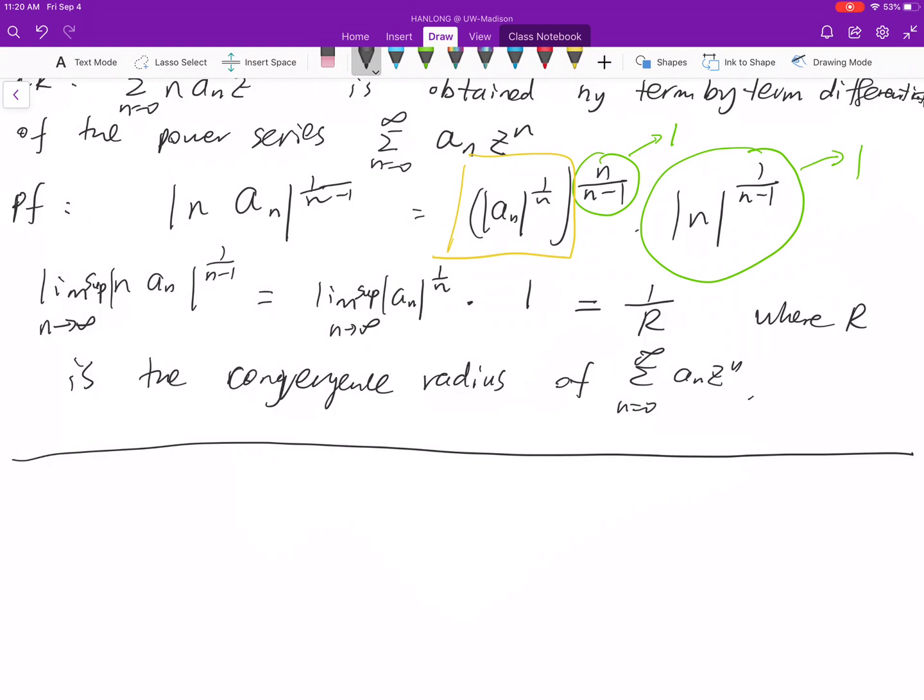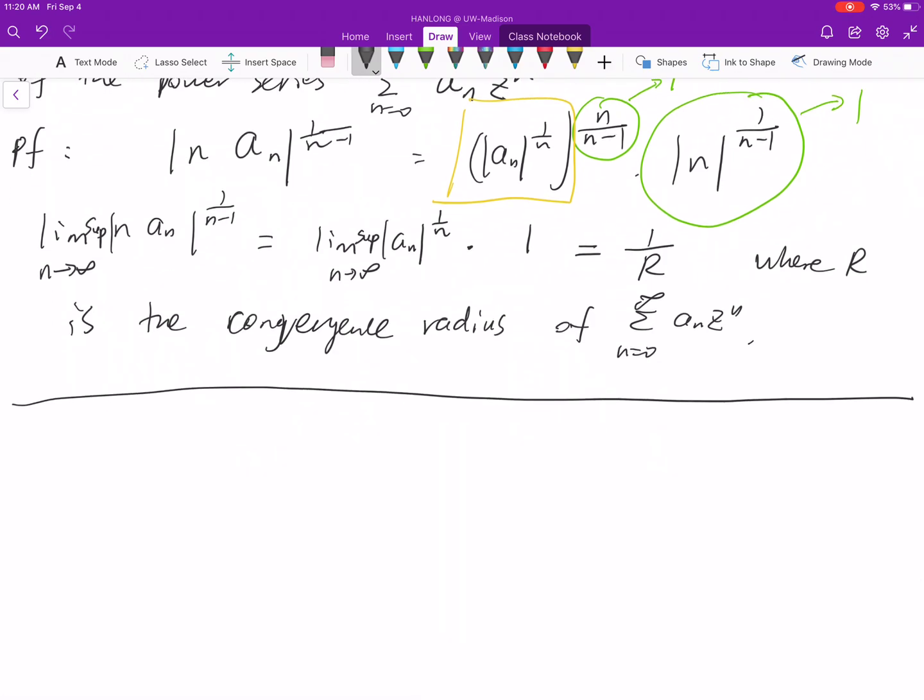Therefore, by the theorem we studied before in Math 521, we can freely interchange the order of integration, summation, or differentiation. So we collect the theorems as follows.